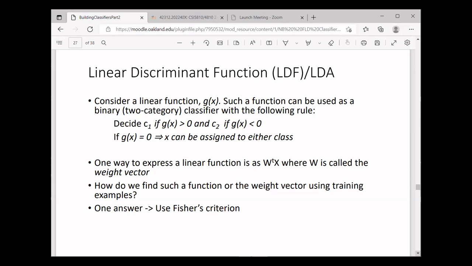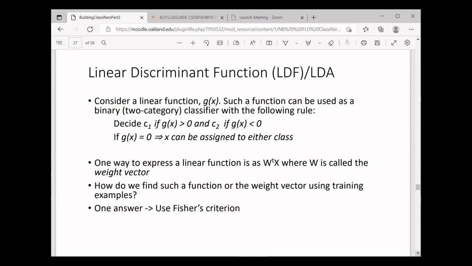So the next topic we want to cover is what we call linear discriminant functions, or Fisher's linear discriminant function. So let's see what the idea here is and what it is that we want to do.